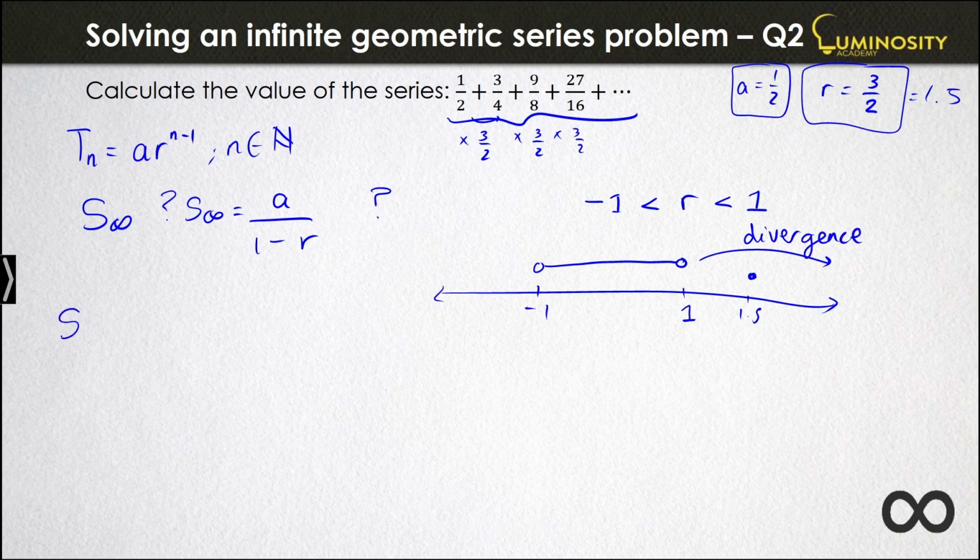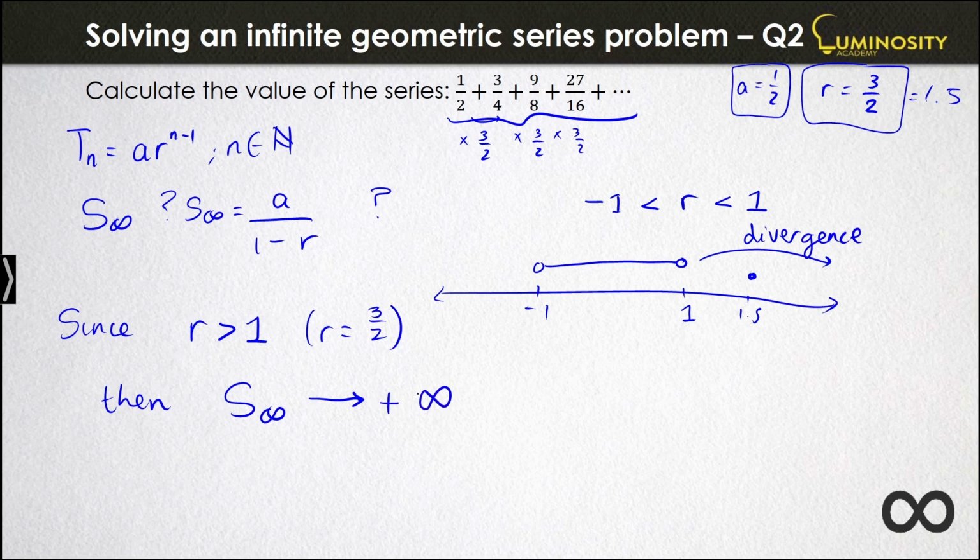So we can say, since my r value is greater than 1, it's definitely not in between -1 and 1, because my r is 3 over 2. We can therefore say S infinity diverges, and because you're adding infinitely many positive numbers, it diverges to positive infinity.